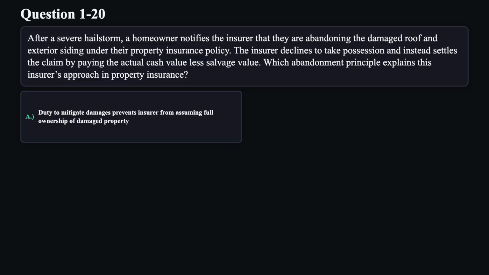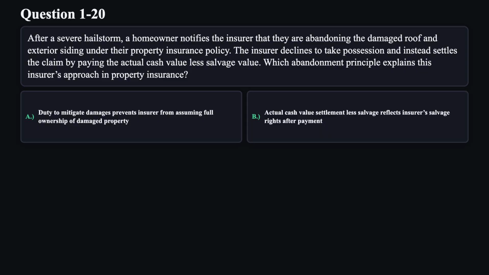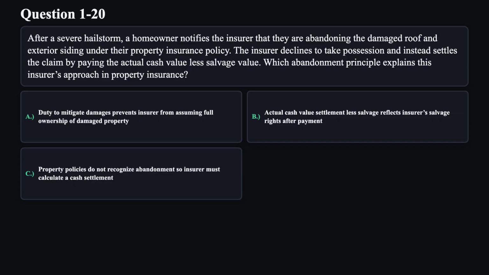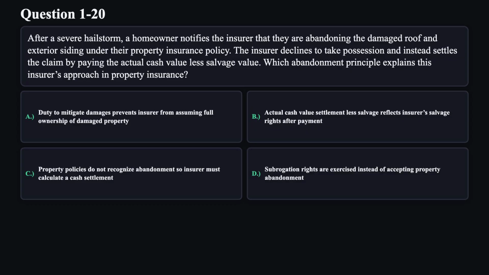A. Duty to mitigate damages prevents insurer from assuming full ownership of damaged property. B. Actual cash value settlement less salvage reflects insurer's salvage rights after payment. C. Property policies do not recognize abandonment, so insurer must calculate a cash settlement. D. Subrogation rights are exercised instead of accepting property abandonment.